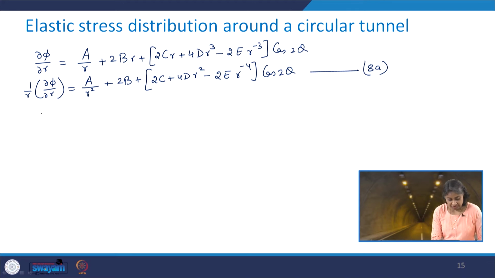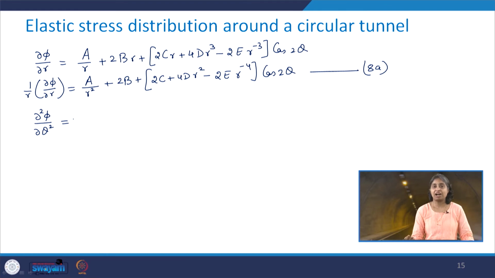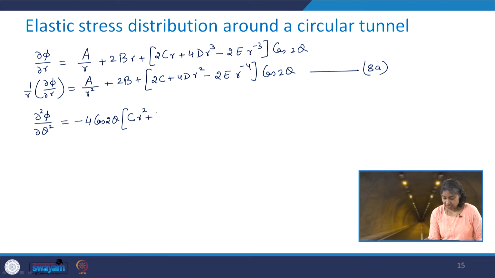Then you can write del 2 phi del theta 2. This means that you have to differentiate the expression for phi twice with reference to theta. So, this is what you are going to get: minus 4 cos 2 theta into c r square plus d r to the power 4 plus e r to the power minus 2 plus f.